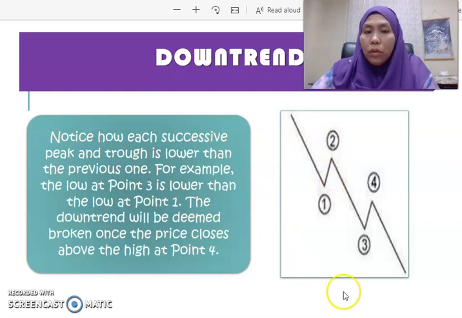Okay, so if we refer to this example, how are we going to draw the downtrend line? We will connect point number 2 and point number 4. Remember, I mentioned before, each high point should be lower than the previous high. So it indicates a downtrend.